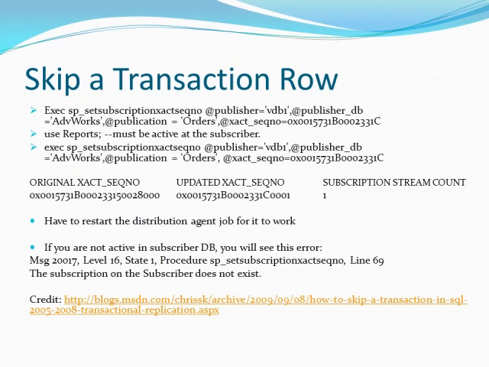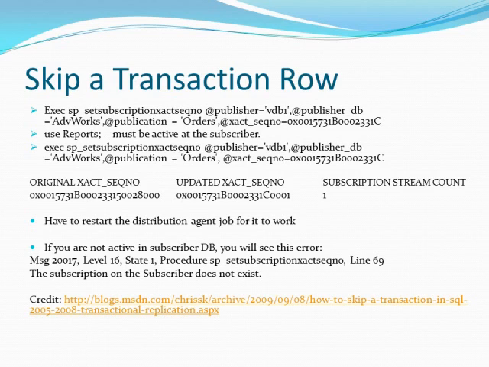But Chris Skorlinski, one of the Microsoft CSS guys, showed us all how to skip a row here. It's not that intuitive. I don't know how anybody figured it out without Microsoft's help. But basically you follow this methodology, find the exact sequence number that you want to skip, stick it into these values here, and then restart the distribution agent job.